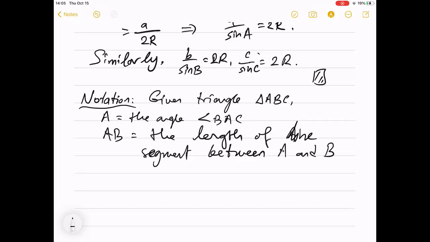There's also the area of this triangle ABC.